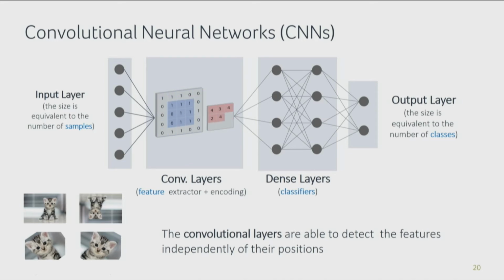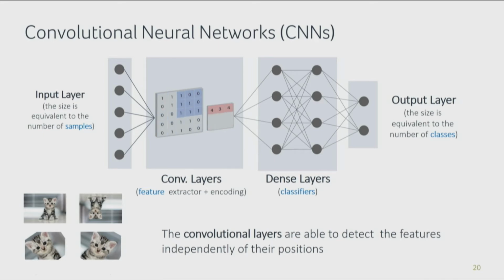What it really does is it has an input layer, which is just a representation of your input. In the case of cat pictures, it's just 1 neuron per pixel, 3 I guess if you're doing color. Then you have a number of convolutional layers. And these convolutional layers are trained to extract certain features.